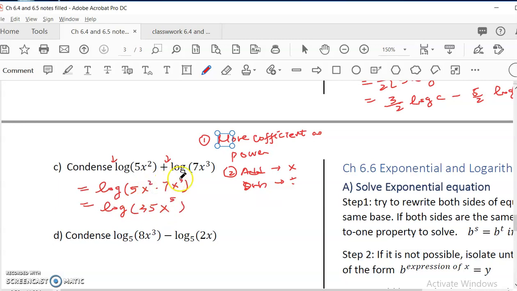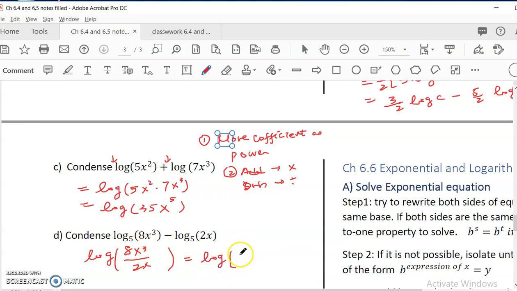Because x squared times x cubed is 2 x's times 3 x's, which is 5 x's. That's totally condensed, nothing inside. So first look at if there's anything outside of those multiplying different log terms. There's nothing, so you can condense right away. But this one is dividing because you're subtracting, right? 5x cubed over 2x. Now simplify inside.